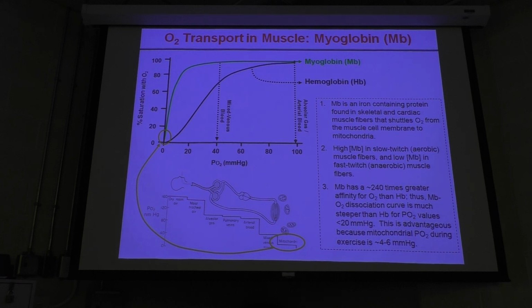At these very low PO2 levels, at the mixed venous PO2, you can see that myoglobin has a very, very high affinity for oxygen. But during exercise, when the PO2 levels at the muscle cell drop rapidly down to 4 to 6 millimeters of mercury, you can see that myoglobin basically has no affinity for oxygen and just transports it and sends it to the muscle to be used by the cells. Okay, so it's a pretty effective oxygen transporter in that regard.